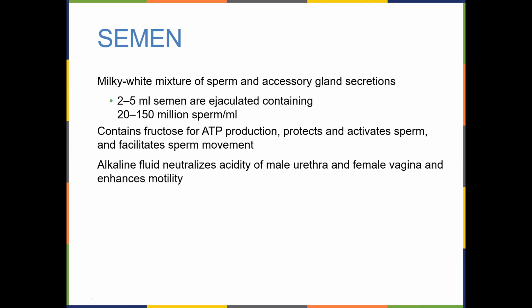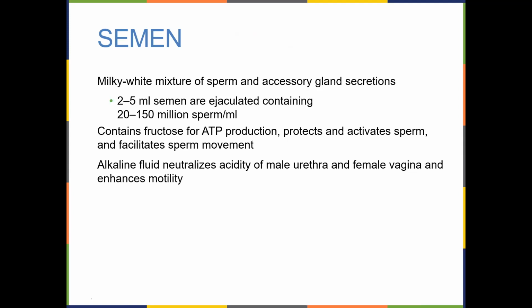You generally produce about 5 mils of semen during an ejaculation, and somewhere in the neighborhood of about 150 million sperm per mil of semen. Typically, an ejaculation will have about 400 million sperm. A healthy male that's fertile will produce about 400 million sperm cells in about 4 or 5 mils of semen.